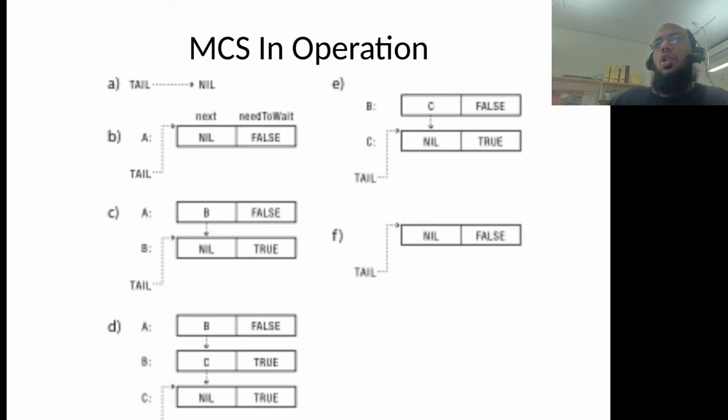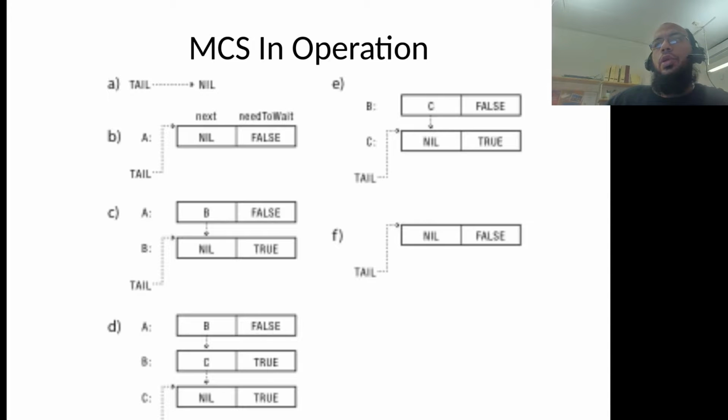And this is how the operation would look. In the beginning you have a tail of nil, nothing in that queue, and then thread A joins, and it doesn't have to wait, so need to wait is false.